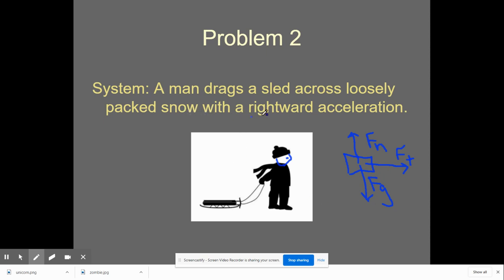Now let me see here. It says a rightward acceleration. So I might be done there, but even though it's loosely packed snow, I still think there's probably some friction. But I'm going to be careful here. Watch, I'm going to draw a friction.